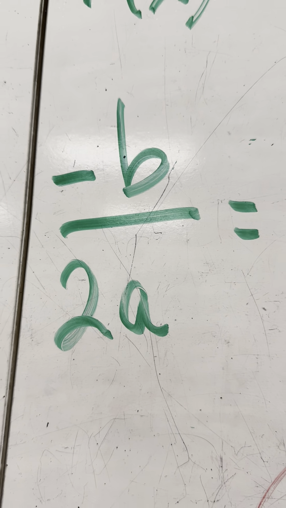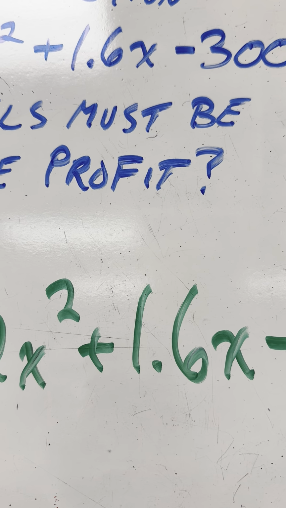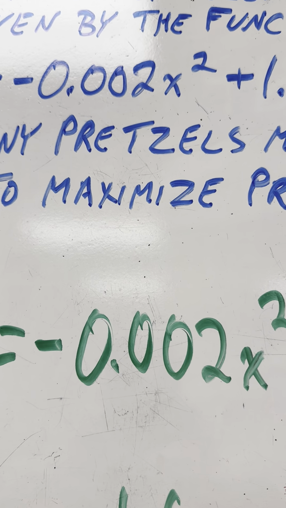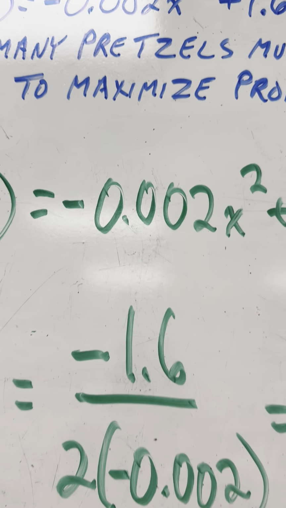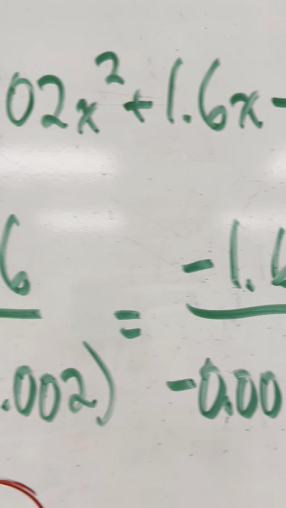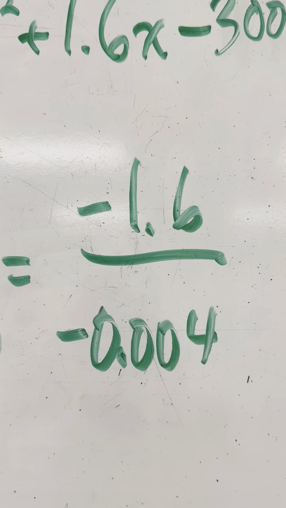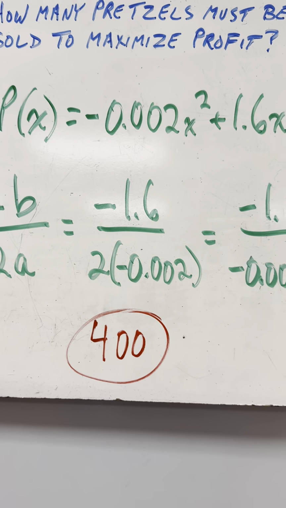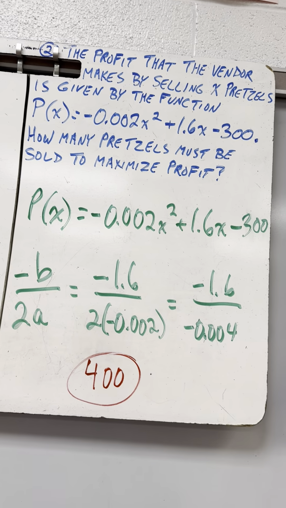You're going to do negative 1.6 divided by 2 times negative 0.002. So you're going to get negative 1.6 divided by negative 0.004, which is 400 pretzels to maximize profit. Easy.